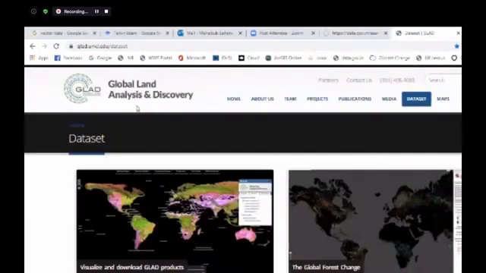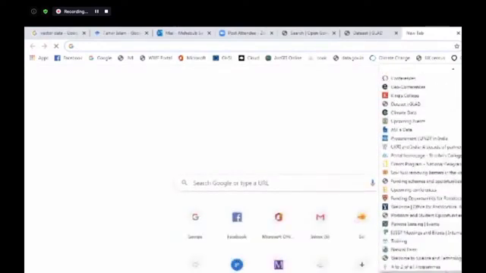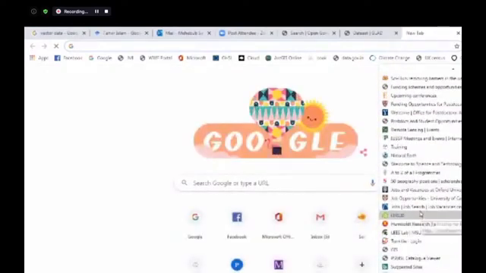This is the Global Land Analysis and Discovery database. They have a free database for different remote sensing and GIS backgrounds. And again, those who asked which data we can use except the USGS, I'm sharing one link here.